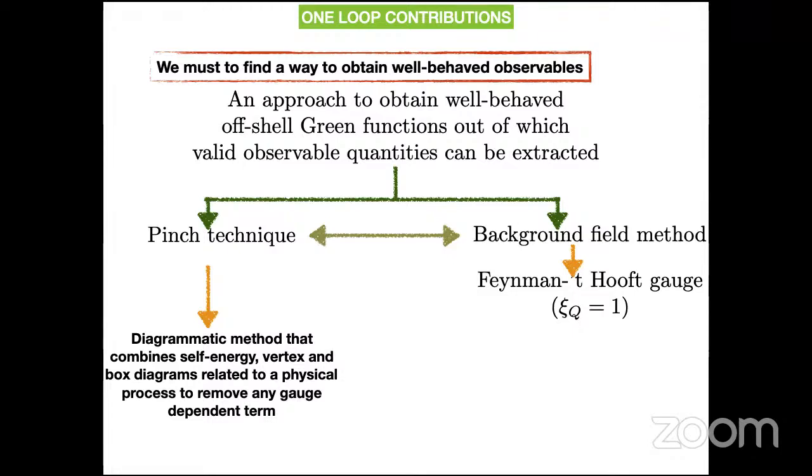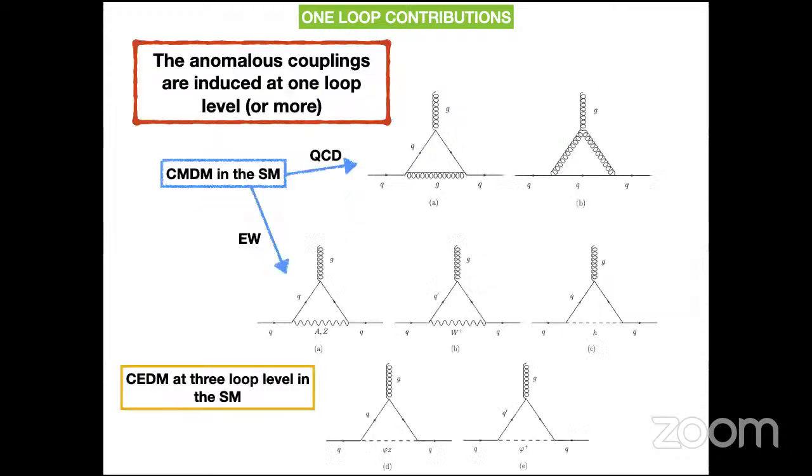In general, we use the background field method because, as I said, the pinch technique requires a lot of Feynman diagrams, which could be very difficult to calculate. And so here I want to show some Feynman diagrams, which are necessary to induce the chromoelectric dipole moment at the one loop level in the standard model.